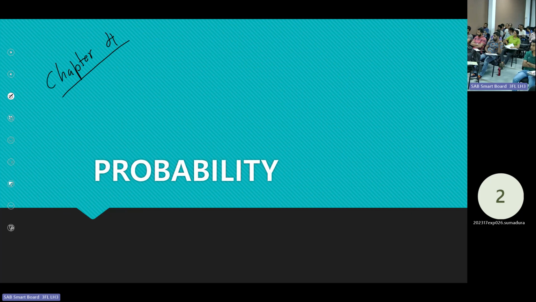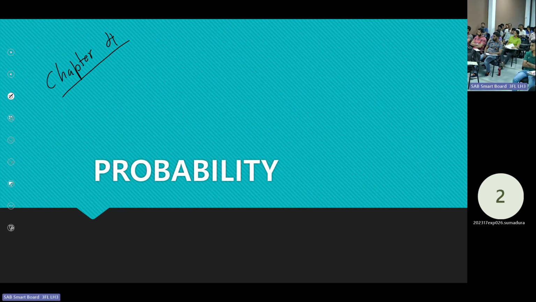So the main issue is identifying the distributions. After identifying the distribution, everything is ready-made. You just substitute and get the answer. So identifying is the important part. Try to get the basics properly, then it will be easy.